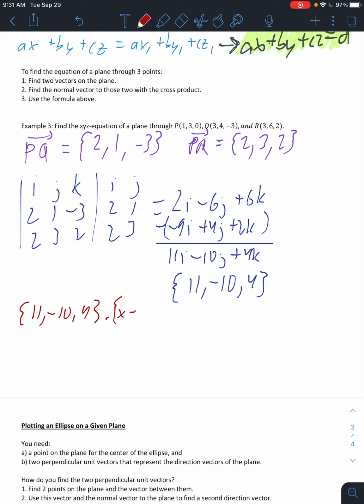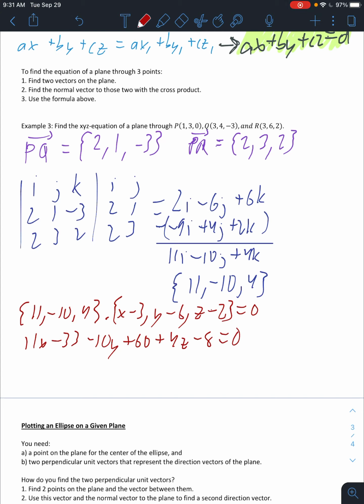So x minus 3, y minus 6, z minus 2 equals 0. So the dot product would be 11x minus 33, and then minus 10y plus 60, and then plus 4z minus 8 equals 0.